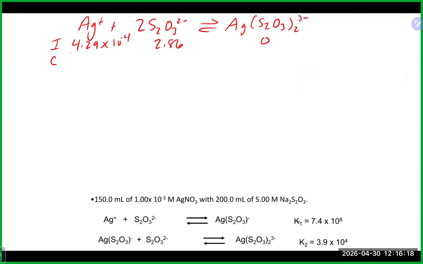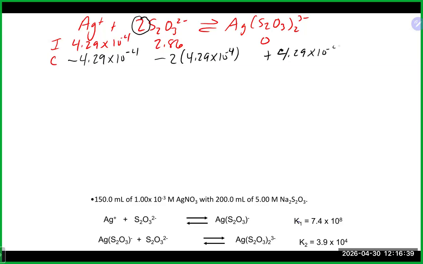So we'll go with minus my metal here, 4.29 times 10 to the minus 4. Minus, remember, we also got to do a 2x here, right? So this is going to be 2 times 4.29 times 10 to the minus 4. And this will be plus 4.29 times 10 to the minus 4.